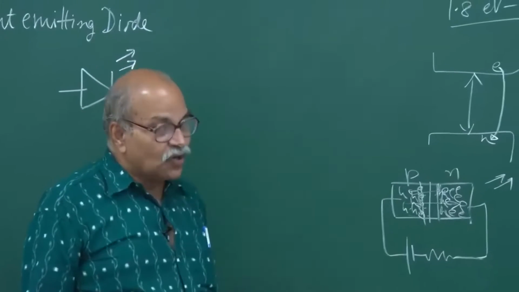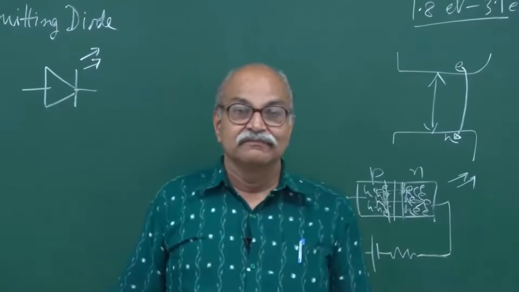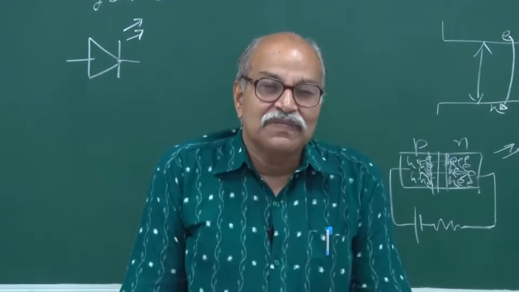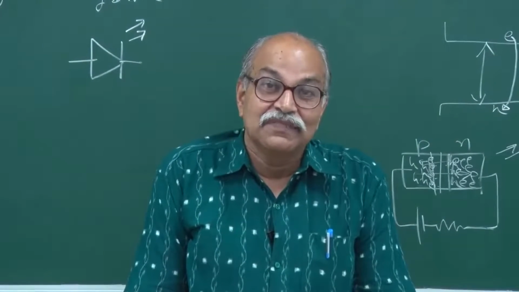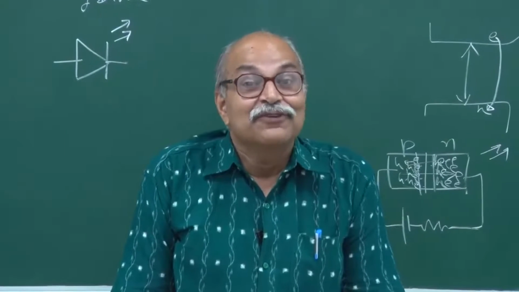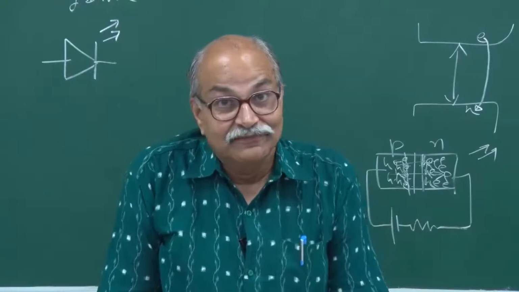Now, we had been talking in terms of silicon. So far most of the time I talked in terms of silicon, but LEDs are not formed from a silicon p-n junction.